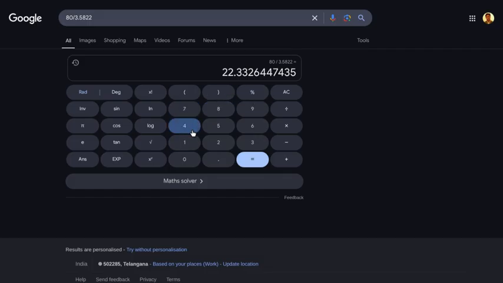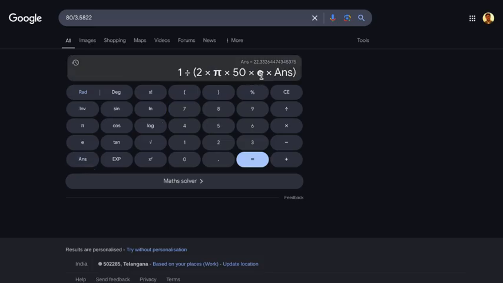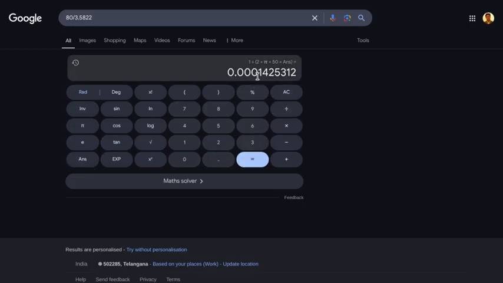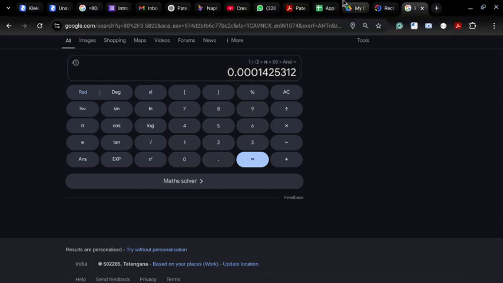Okay, so 1 divided by 2 into pi into 50 into our answer. This E needs to be removed. Okay, in this case, it is 0.142 millihenries.